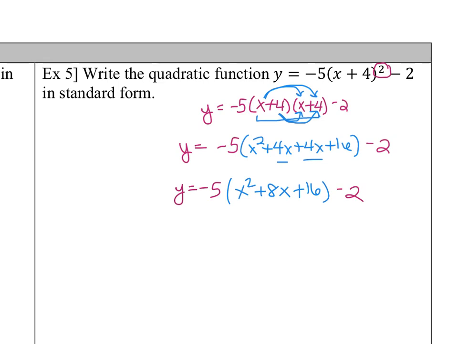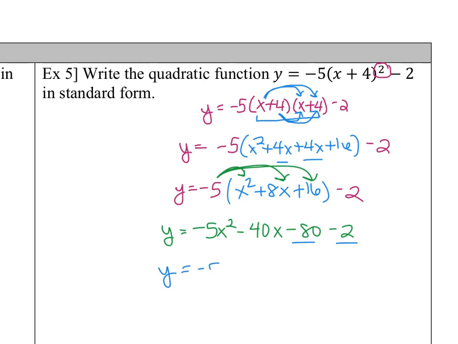Now that I've cleaned up the blue part, I'm going to distribute in this negative 5. Negative 5 times x squared makes negative 5x squared. Negative 5 times 8x makes negative 40x. Negative 5 times 16 makes negative 80. And then drop your minus 2. Now that all the multiplication is complete, you can actually combine your like terms together.